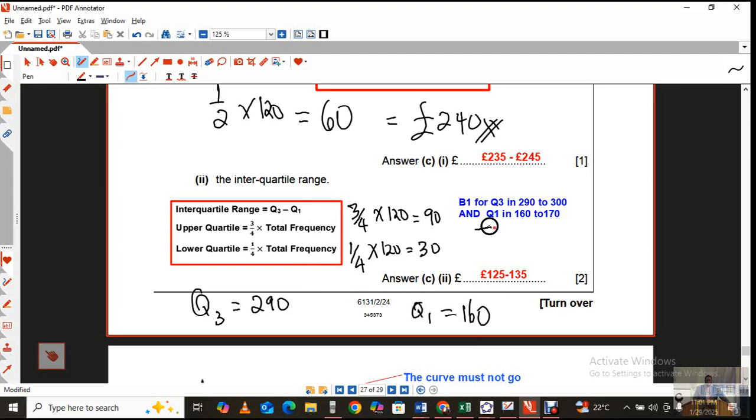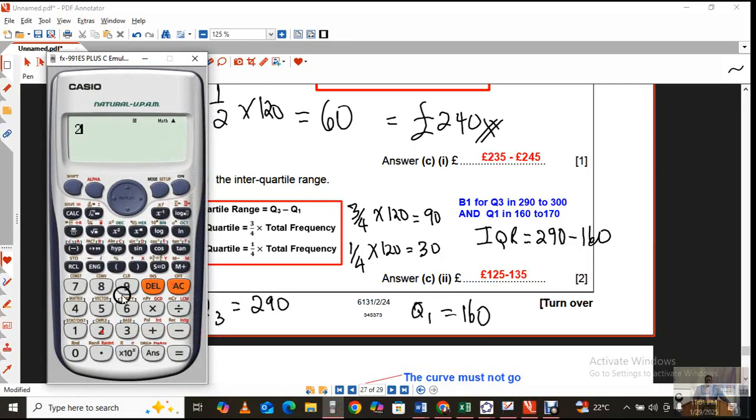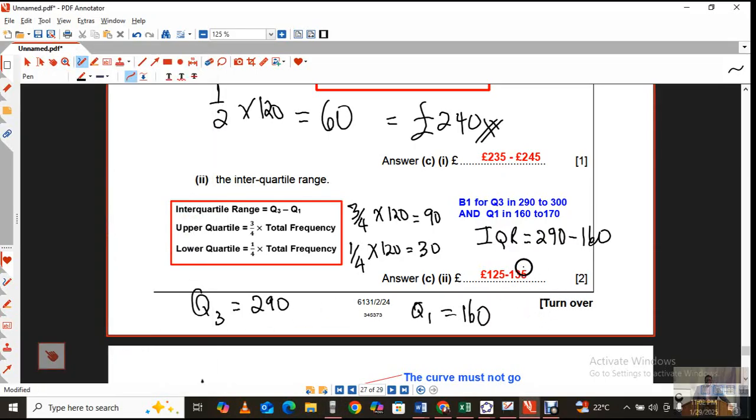So the interquartile range will be 290 take away 160. That's 290 minus 160, of course, 130. So my answer was 130. So anything between 125 and 135 would be accepted. My answer was obviously 130.